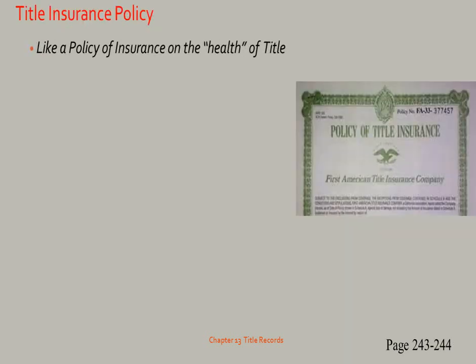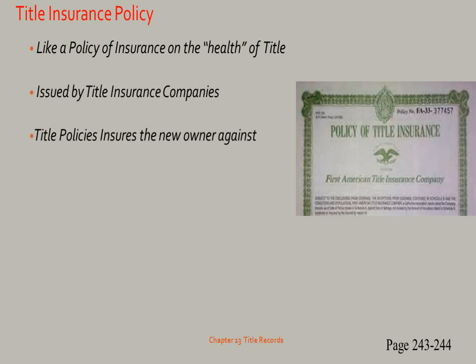These title insurance policies are sort of like a policy of insurance on the title, sort of like the health of the title to real estate. They're issued by title insurance companies. The title insurance policy issues the insured, which is now going to be the title itself. The owner is insured, and therefore the new policy owner, being the purchaser, is going to be insured against defects in title, including forged documents, conveyances of incompetent grantors, and incorrect marital statements.